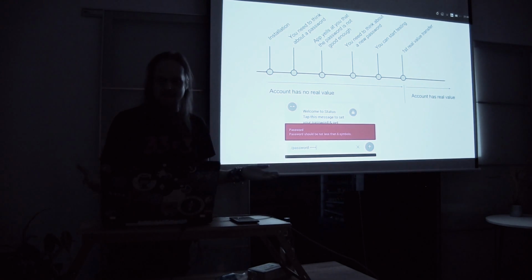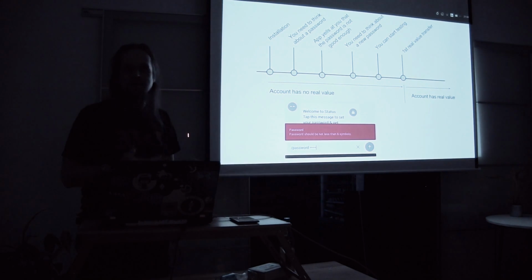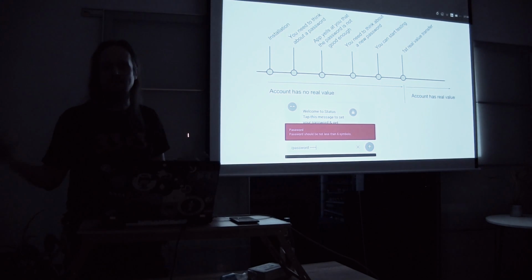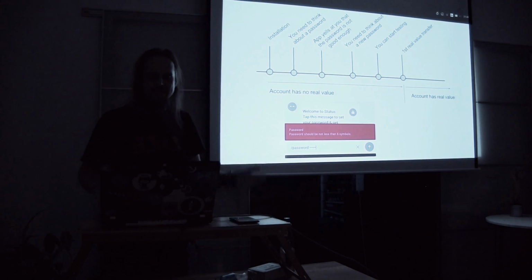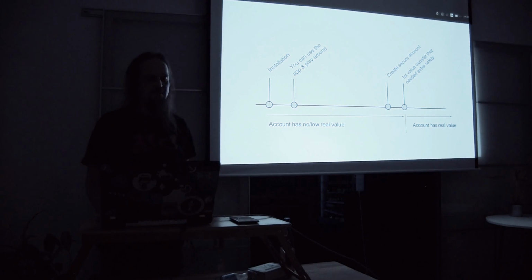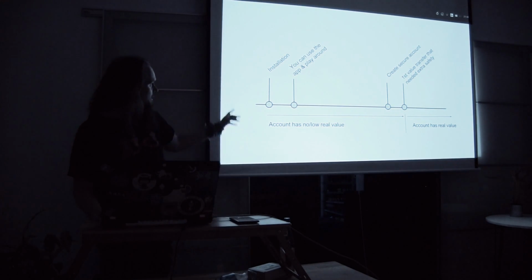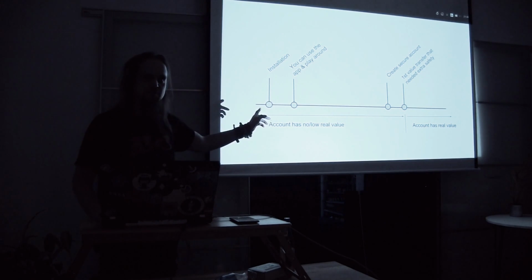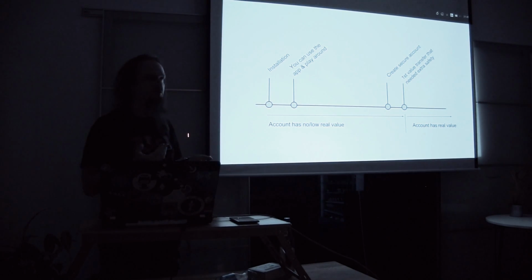But the account has no real value yet. Why should I basically think about a password before I really use it with value? I just want to play around with test ether before. So basically, that's how it is changing. Now, we install first. You get an account that is not password secured, but you can play around. And when you think about it, your email, for example, isn't extra password protected.